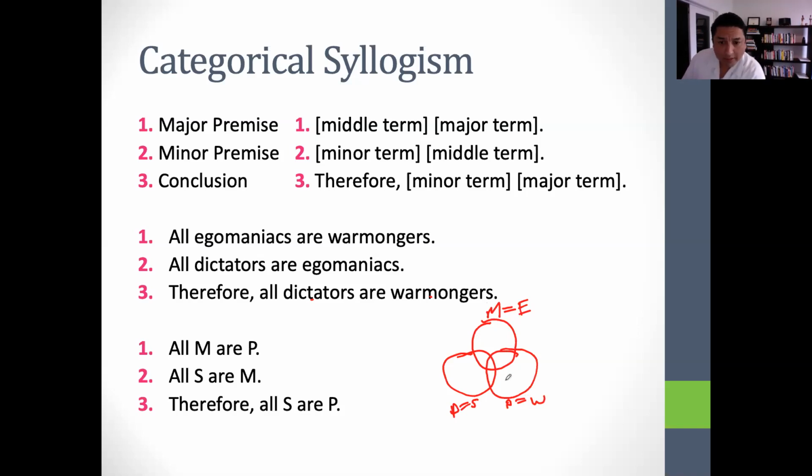It's saying that all egomaniacs, so all things here in this M, are warmongers. So anything that is not a warmonger is not an egomaniac. So what we're going to do is shade in emptiness.